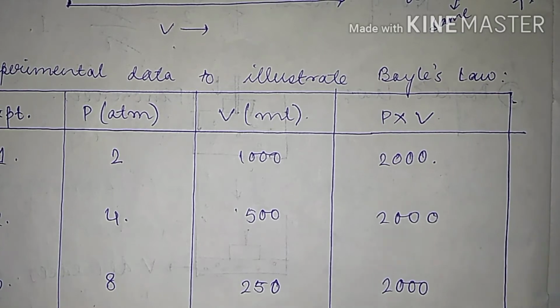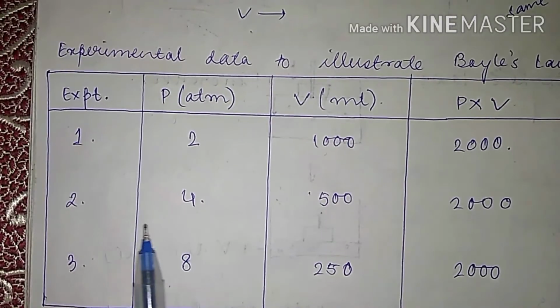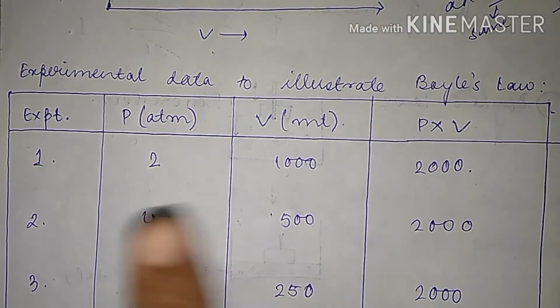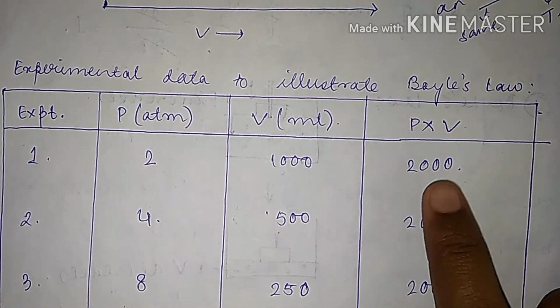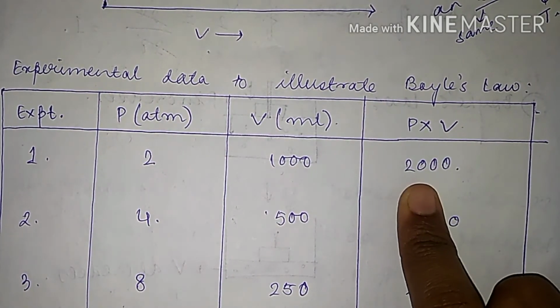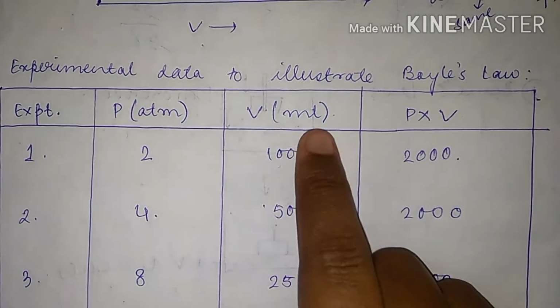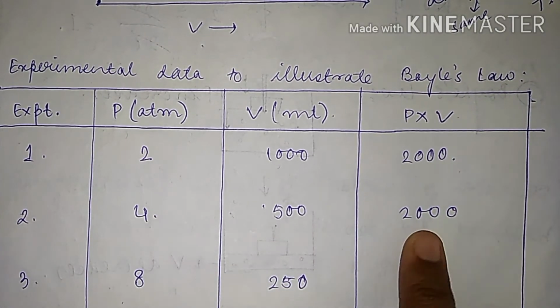Coming on to the experimental data to illustrate Boyle's law, the experiment is performed in 3 phases, 1, 2 and 3. In the first phase, the pressure applied is 2 atm and the volume is 1000 ml. Then by applying Boyle's law, PV, we get 2000. In the second phase, the pressure applied is 4 atm and the volume taken is 500 ml, and again PV is constant, that is 2000.